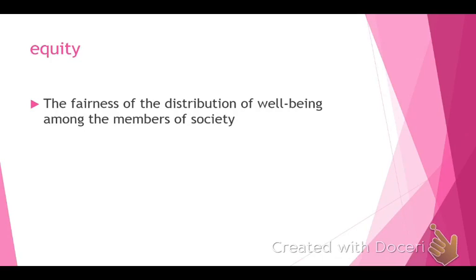All the candidates are saying we're going to make it have more equity. They're not saying everybody's going to be as rich as the CEOs, but the CEOs are going to pay their fair share of taxes. So there are all kinds of ways to talk about fairness in the economy. Equity is an idea about fairness in the distribution of well-being among members of society.